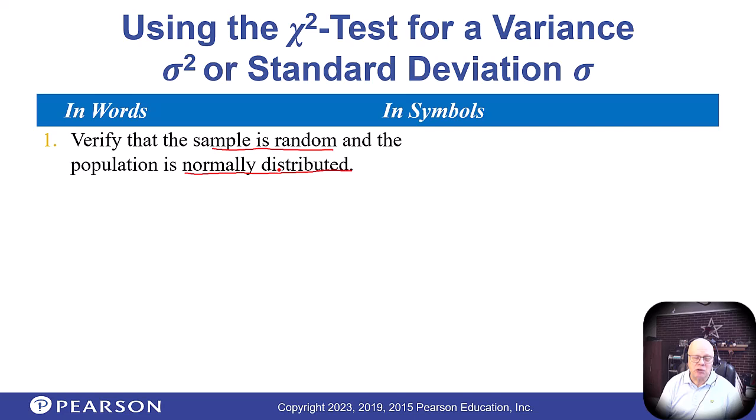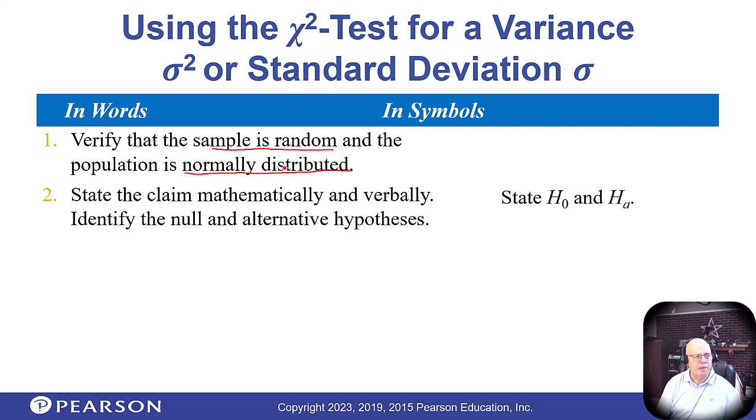This one, it has to be normally distributed to begin with. Next, get the claim. The claim and the opposite of the claim. You're going to write those down mathematically, and then you're going to separate them into the null hypothesis and the alternate hypothesis.